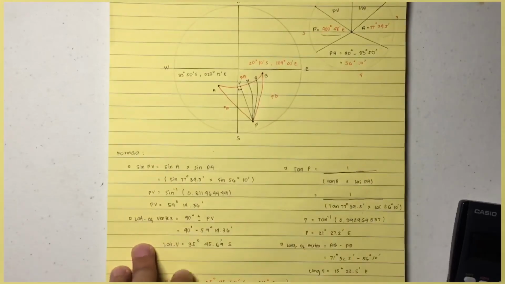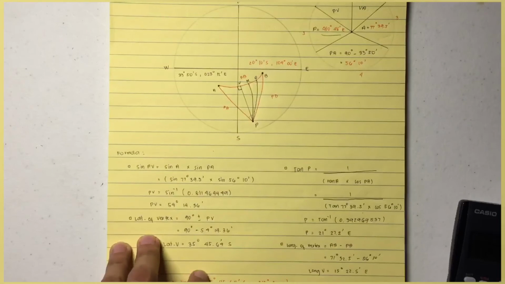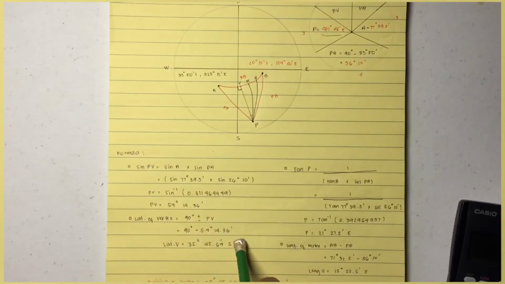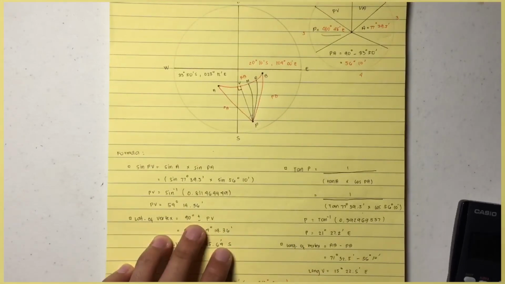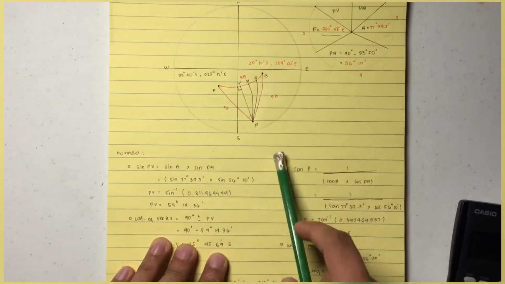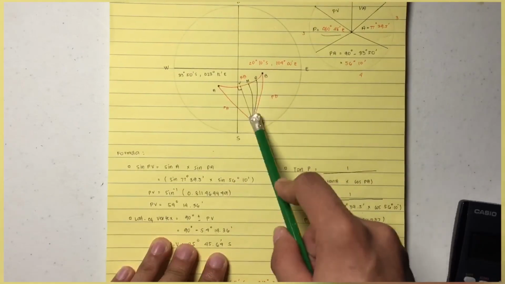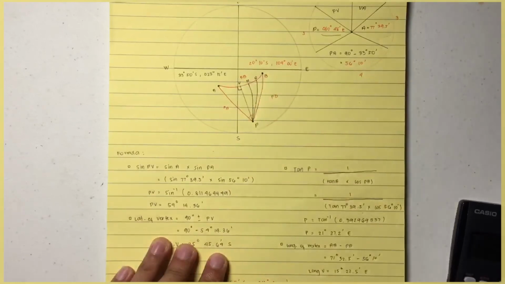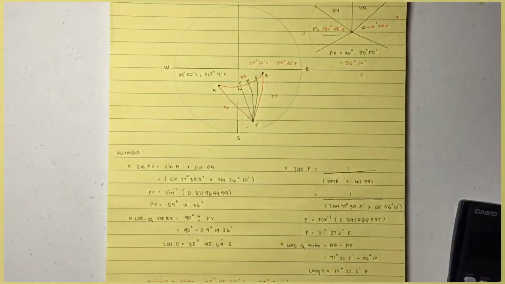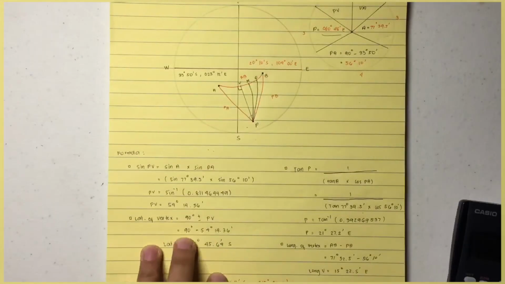Now, we need to solve for the latitude of the vertex to get the position of the vertex. So the latitude of the vertex is equal to 90 degrees plus or minus PV. If they are in the same hemisphere, we should go for subtraction.